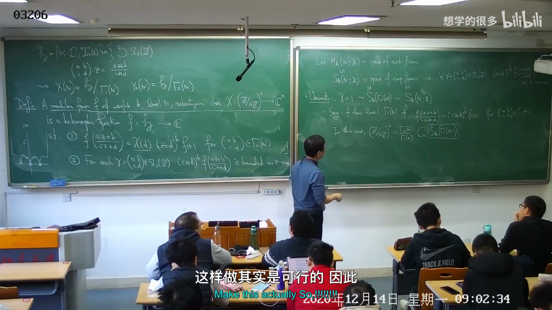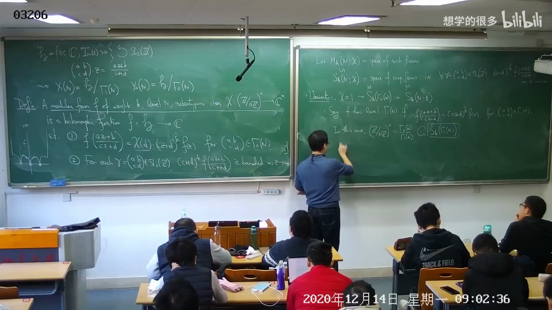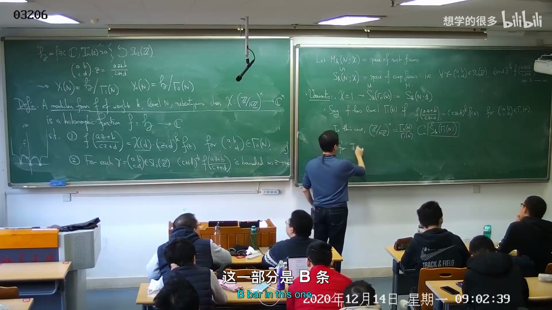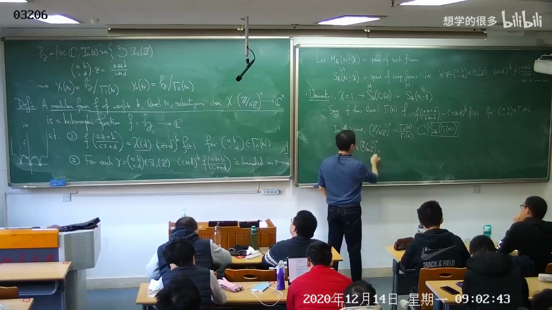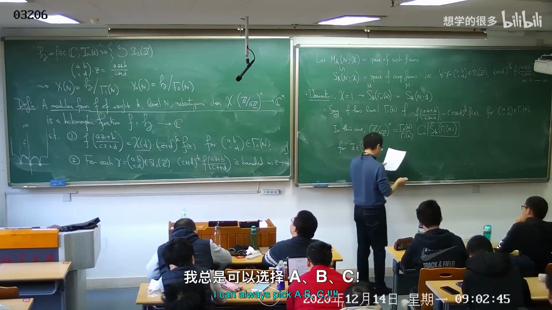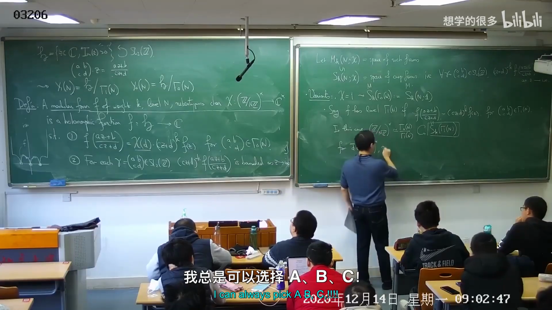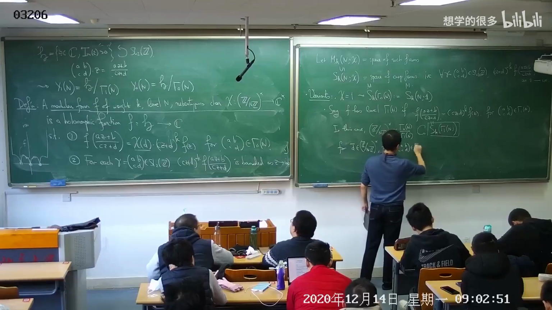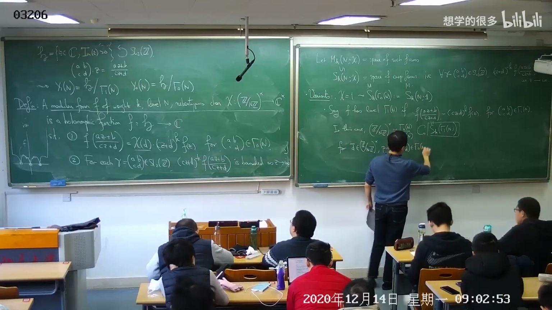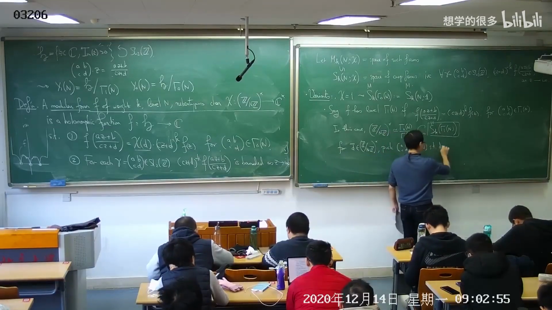Let's make this action explicit. So for each ē in this group, I can always pick (a b; c d) in Γ_0(N) such that d is congruent to ē.